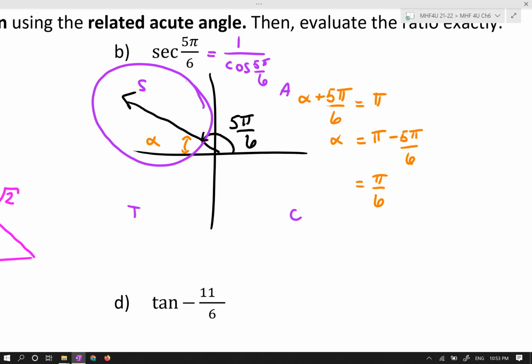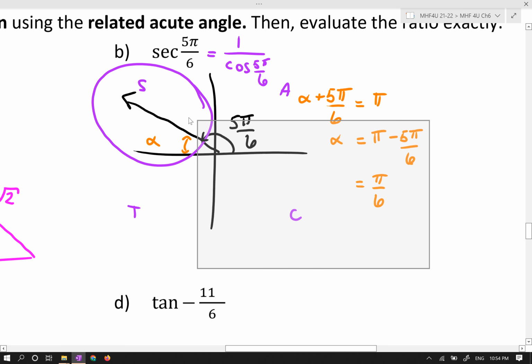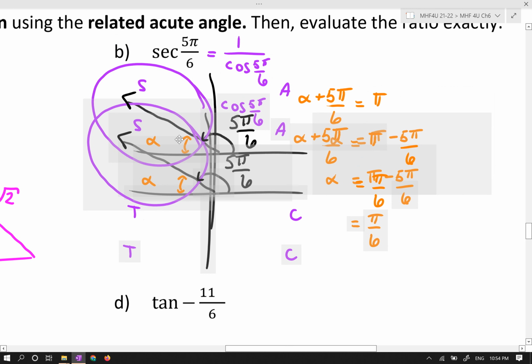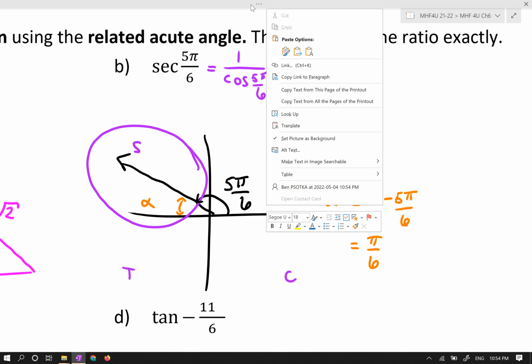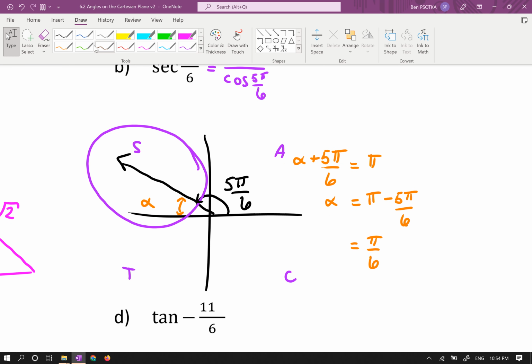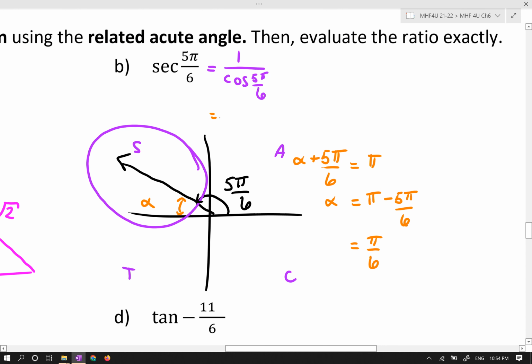So since cosine is negative, I can rewrite this ratio in terms of my related acute angle. But if I'm doing that, I need to respect the idea that my ratio will be negative. So I'm working here with 1 over negative the cosine of pi over 6, where now I'm working in terms of my related acute angle, not 5 pi over 6, just pi over 6.